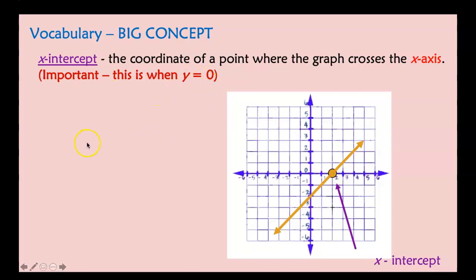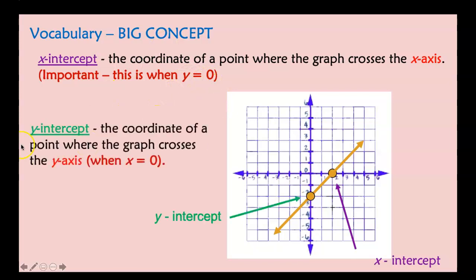The other intercept is called the y-intercept and it's colored green, like right here. The y-intercept is the point that touches the y-axis, the vertical line. So for this yellow line that represents the linear function, this point is the y-intercept.